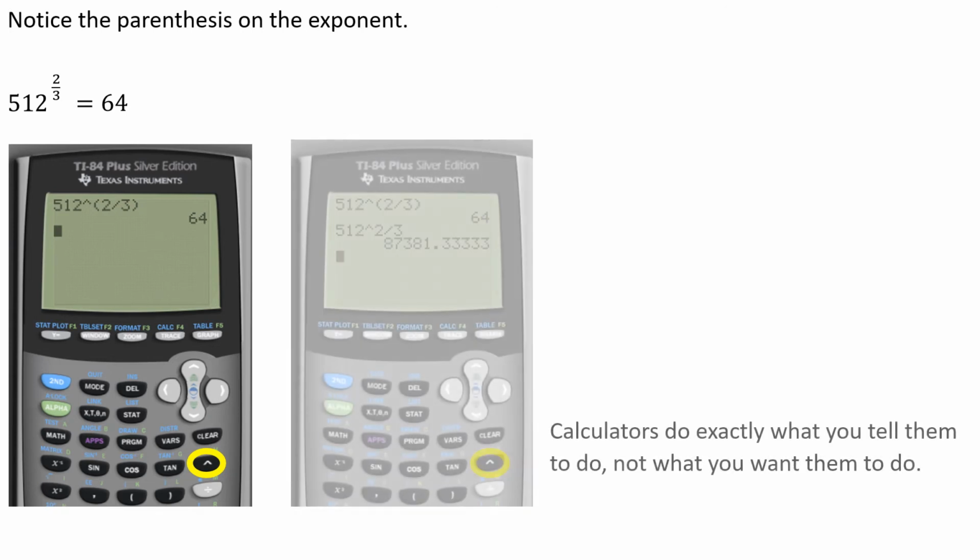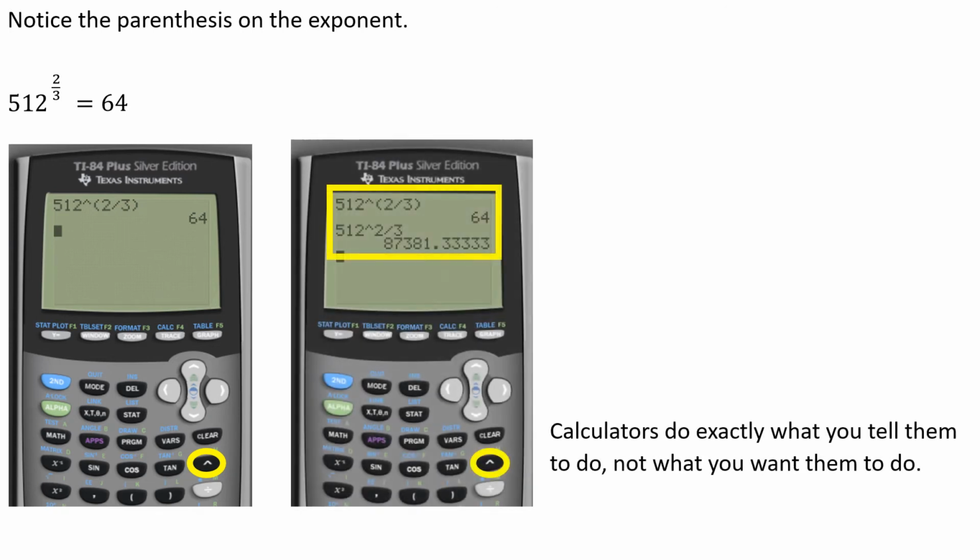Also notice that I've got parentheses on the exponent. If I don't put the parentheses on the exponent, instead the calculator will read this as, oh, take 512, square that, get a really huge number, and then take that really huge number and just divide it by 3. That's not what I want to have happen.